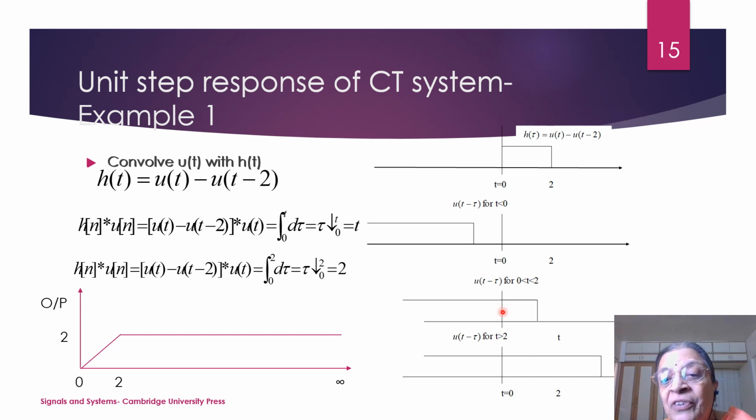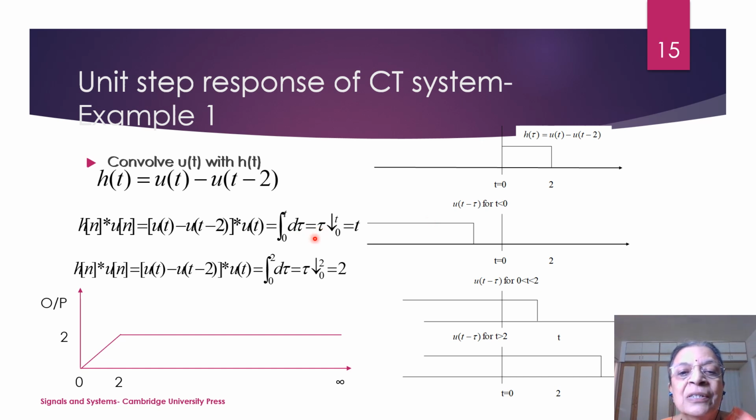Now when I shift it further, what will happen? There will be an overlapping interval between 0 and t. So for t between 0 and 2, the interval of overlap will be 0 to t, and I will have to integrate between 0 and t. The value is 1 here, value is 1 here, so just d tau.